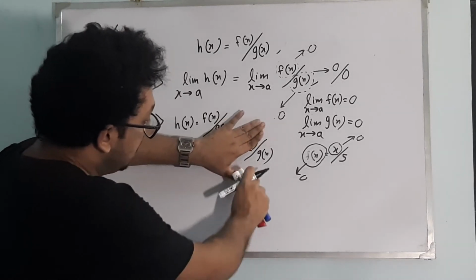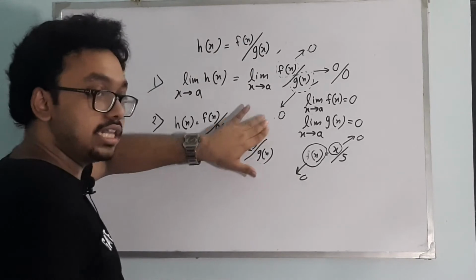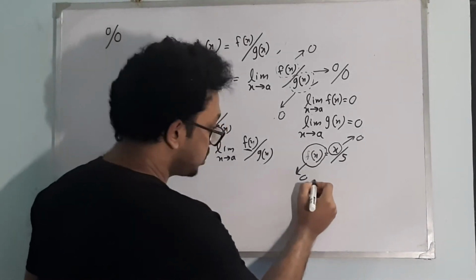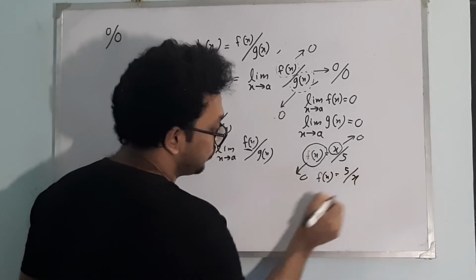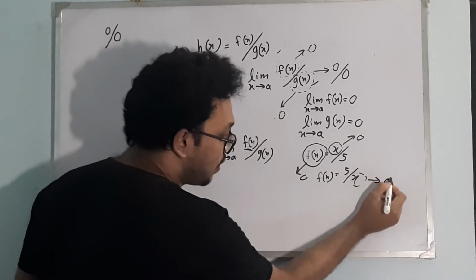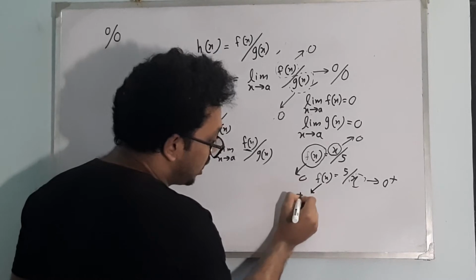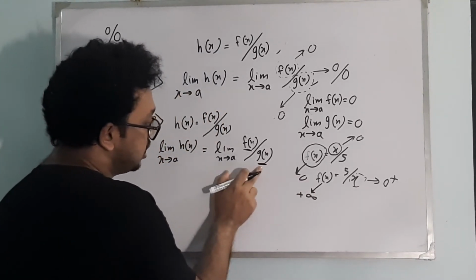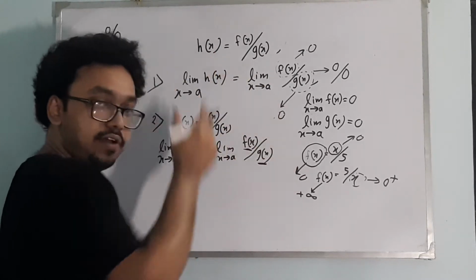Just see. If the denominator g(x) tends towards 0, it will try to take the value towards infinity. If you have a function, suppose f(x) equal to 5 by x, and if the denominator x tends towards 0, say from the positive side, then this function f(x) will tend towards plus infinity. So if the denominator g(x) tends towards 0, this will try to make the fraction tend toward infinity.